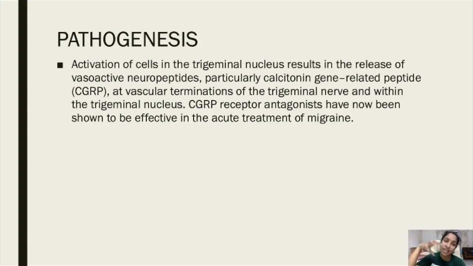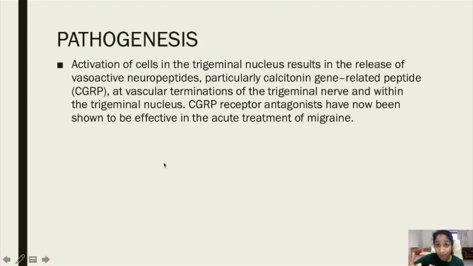Vasoactive means that it acts on the vessels. So neuropeptides are released in the blood vessels, and especially in migraine, it is CGRP, calcitonin gene related peptide. That will act at the vascular termination of the trigeminal nerve, the vascular end of the trigeminal nerve, and within the trigeminal nucleus also.